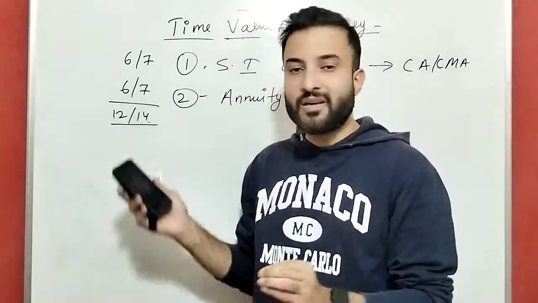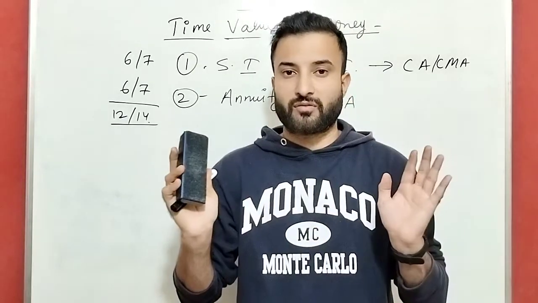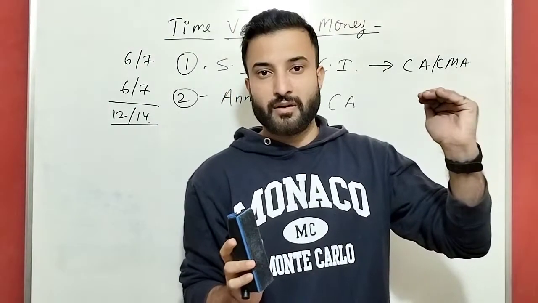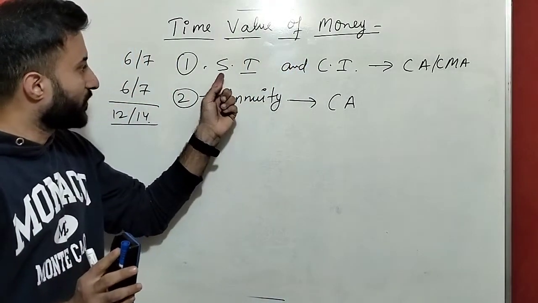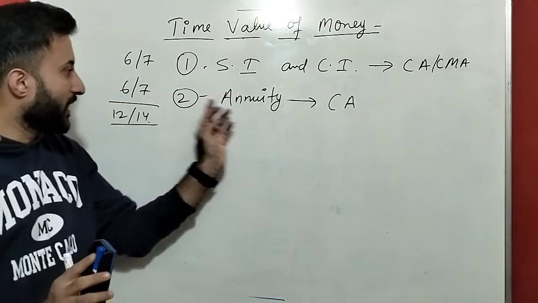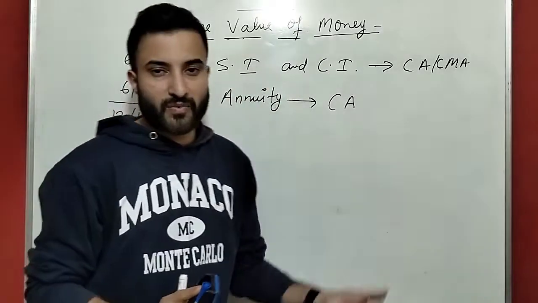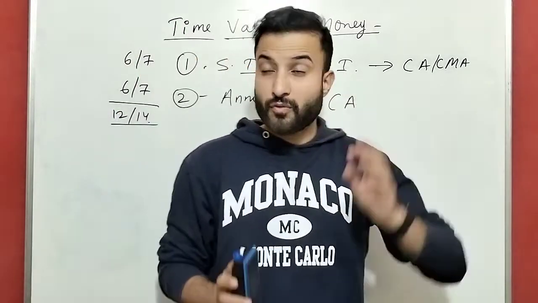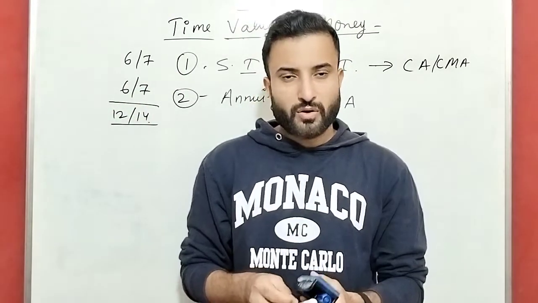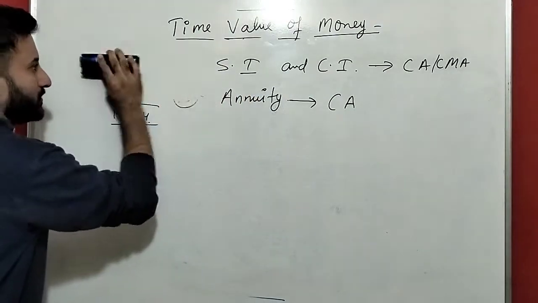You can score big marks here, but you have to be very clear with the concept. I will teach you from the beginning, first simple interest and compound interest, then annuity, because annuity is related to this. If you understand simple interest and compound interest, annuity will be very easy. Okay, fine.